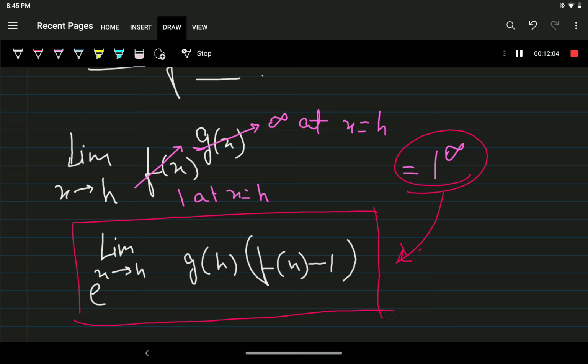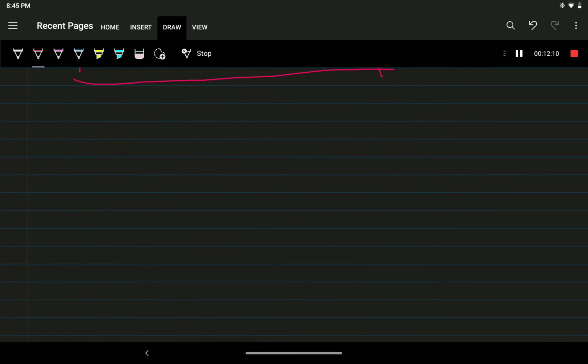That will be really easy. I will apply this formula in one question. Let's take up one question, like limit x tends to 0, 1 plus x to the power 1 by x. This is a 1 to the power infinity form.